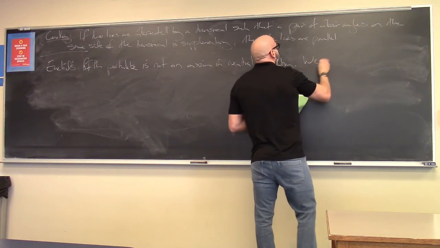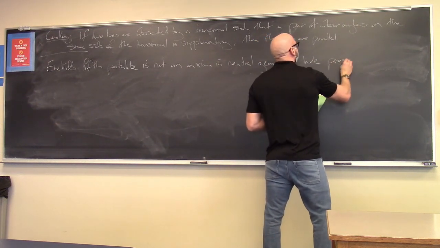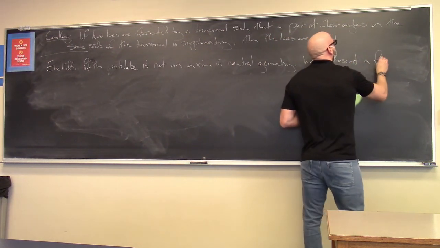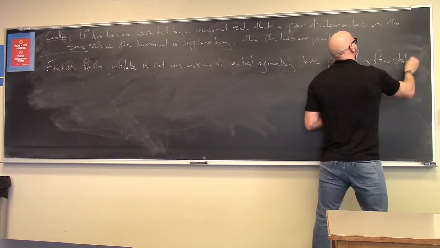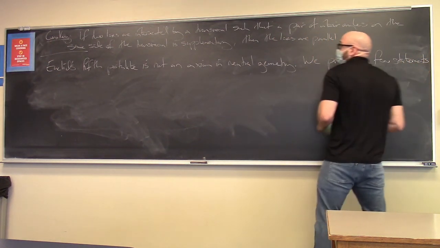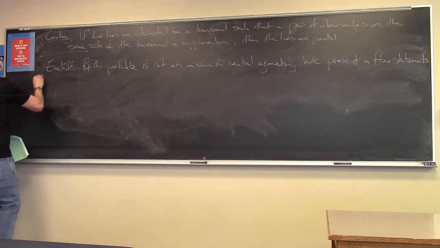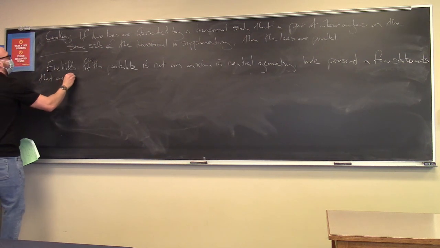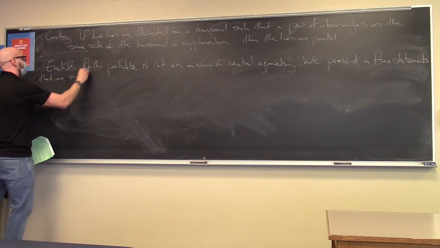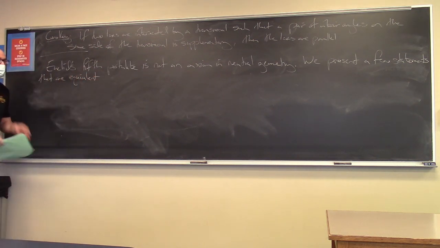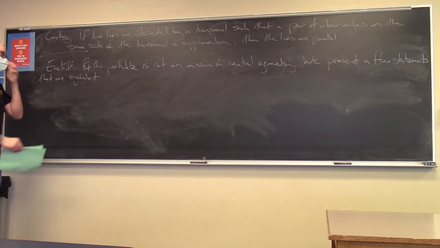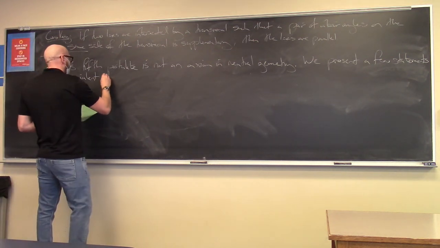What we're going to do is present a few statements that are equivalent to it. We're not going to stop with just Playfair's. We've got a few others that I want to list with proof, but we present a few statements that are equivalent to it.